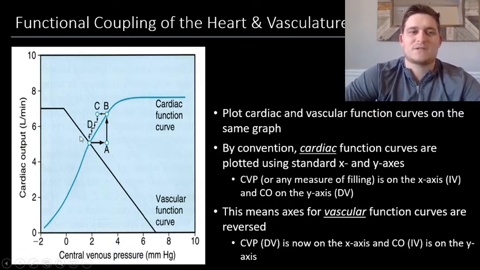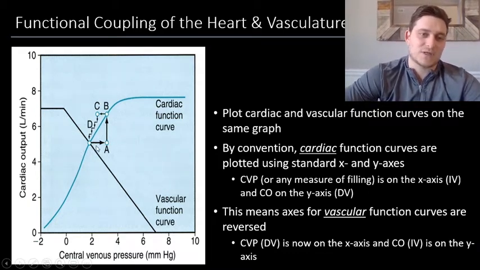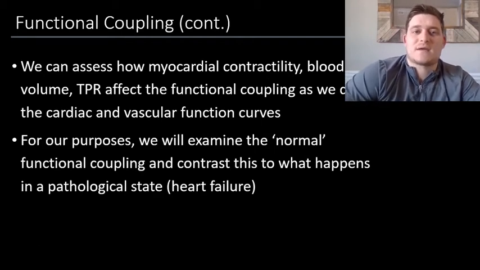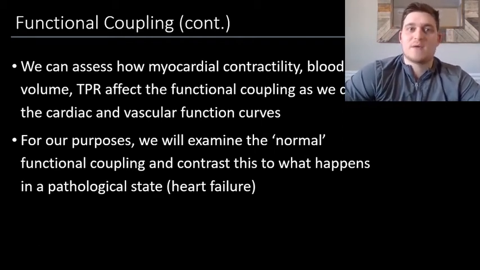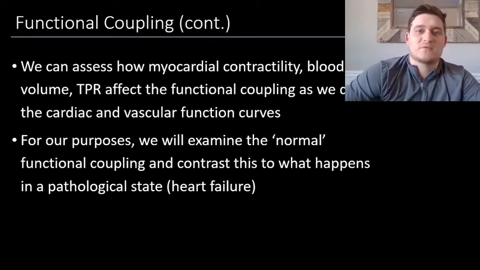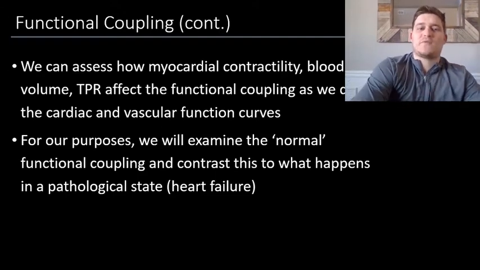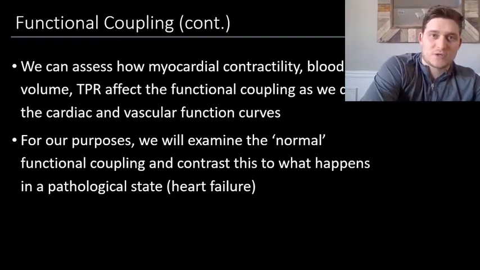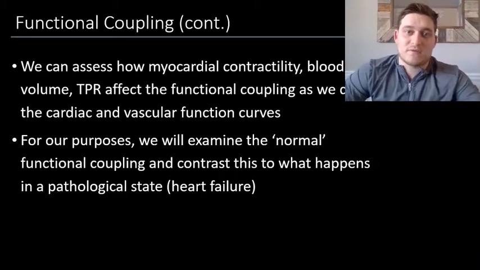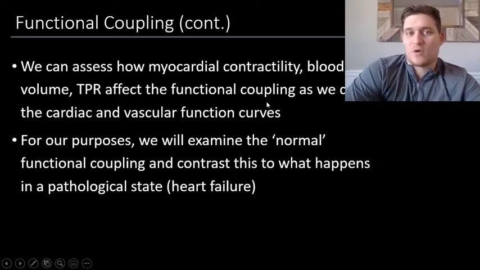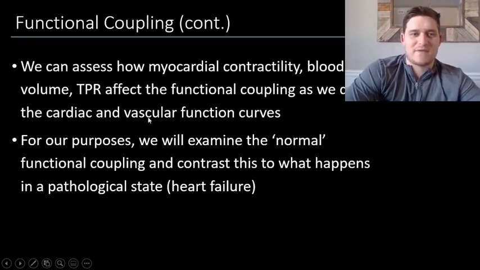But this really describes the coupling between the cardiac function and the vascular function. So we know that things like myocardial contractility, blood volume, and total peripheral resistance can ultimately shift both the cardiac function curve and the vascular function curve. Therefore, they would also impact the functional coupling between the heart and the vasculature.